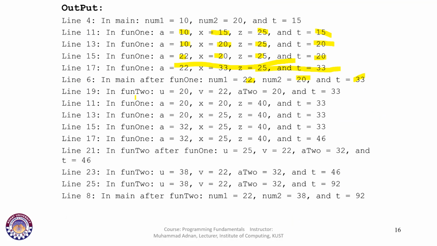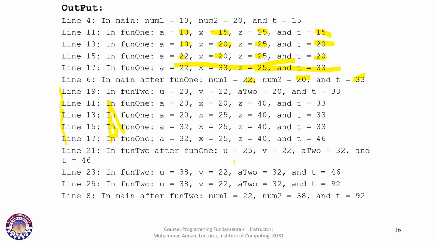You can see the output here. From this line to this line, we have called function 1 here. These 4 lines will be printed and the value will be displayed depending upon the value of different variables.